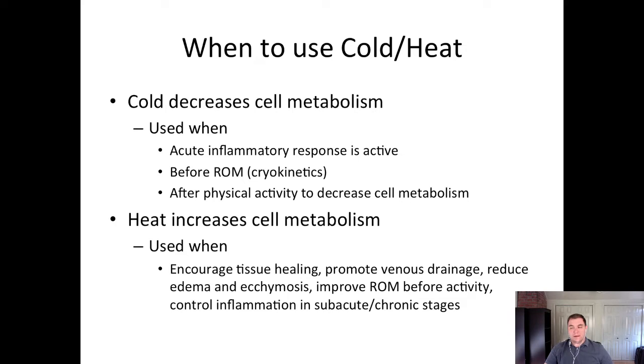Why would I do that? Well, I can use the ice to help decrease the superficial nerve endings, and maybe even help increase range of motion. But I don't really use that very often in my own clinical practice. And after physical activity to decrease cell metabolism. Contrast baths. We'll talk a little bit about contrast baths, and I really want to know what your thoughts are on contrast baths.